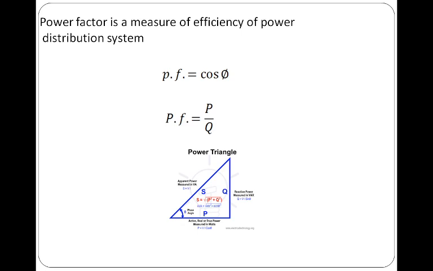This is to financially penalize customers with low power factor loads. For instance, let's say your load is 100 VA of apparent power. By the time you multiply by the power factor, which is say 0.5, you'll be getting 50 watts.